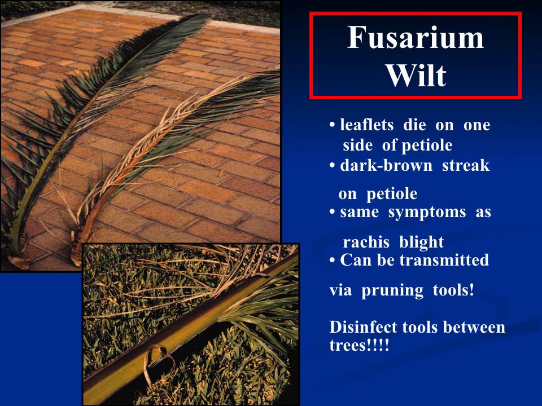Where it's still greenish and greenish yellow, those leaflets still appear to be okay. The same symptoms can happen with a rachis blight, which we will not talk about in any detail. Rachis blight really doesn't kill the palm, so it's more of a nuisance than anything else.